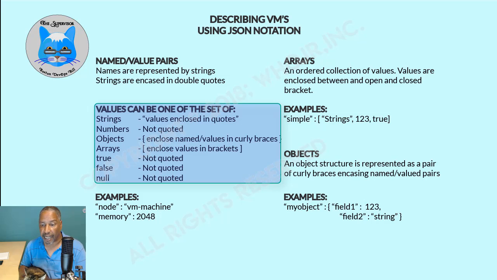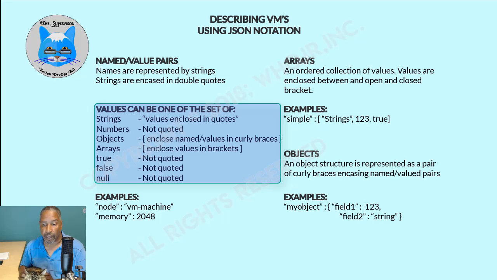Objects consist of name value pairs encased in curly braces. Arrays simply enclose values in brackets.